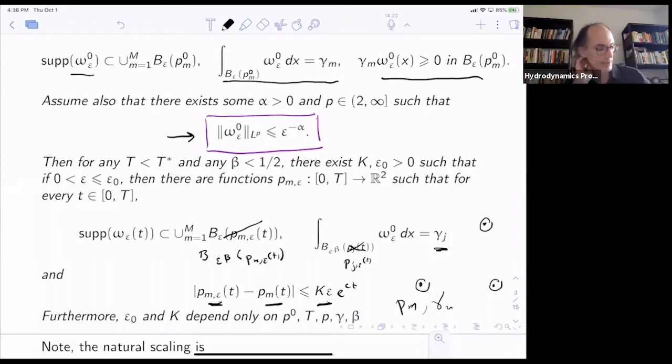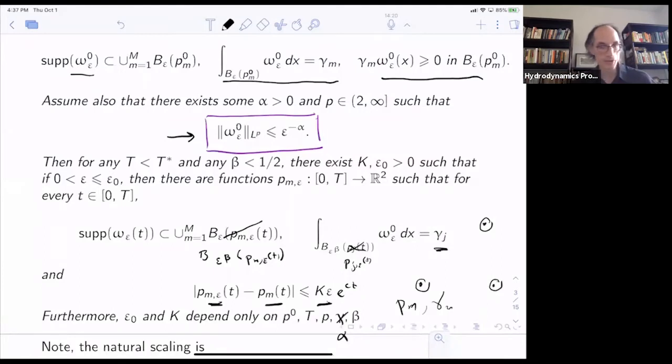But then it depends on what P is, and what's gamma? Well, gamma are these things, and then this beta should be, I think, alpha. So, sorry, here's what I want. This should be alpha.